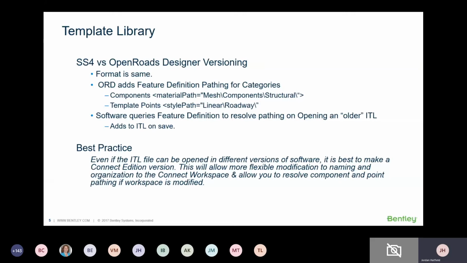This is going to allow some flexibility if you have an update to your workspace or you're going to a different version, so you always have that backup copy that you can use. The next slide, I believe, has a video demonstrating this.